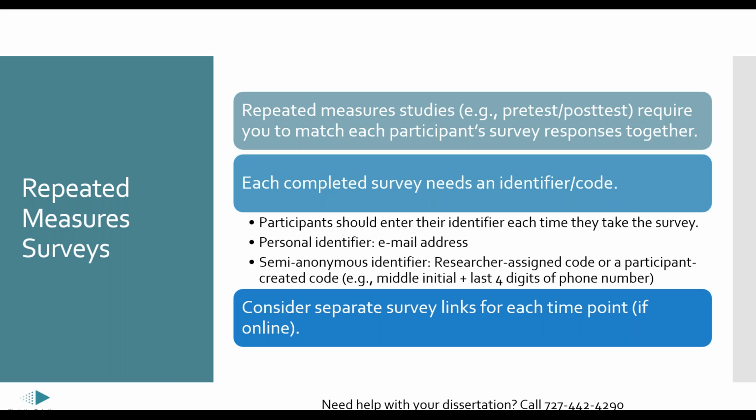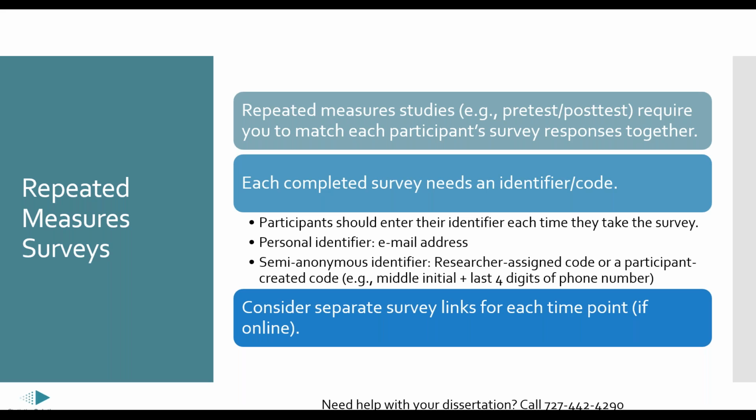However, obviously the downside to this is that if it's personally identifying information, it does allow you to identify who that participant is, and so your survey will no longer be anonymous. However, there are ways to get around this and still conduct the survey in an anonymous way by using an anonymous or semi-anonymous identifier.